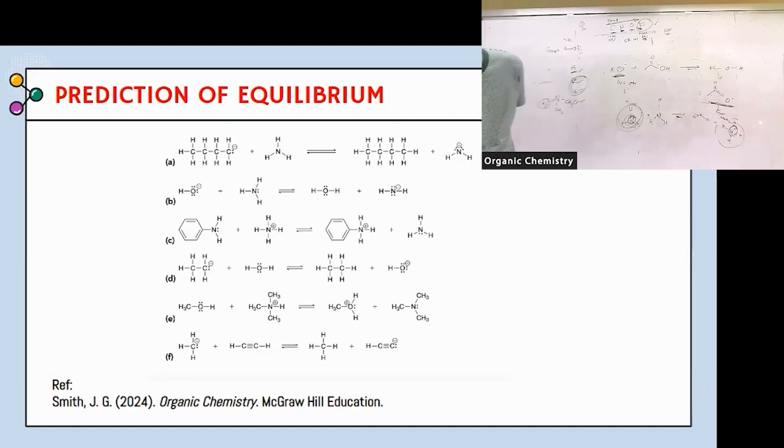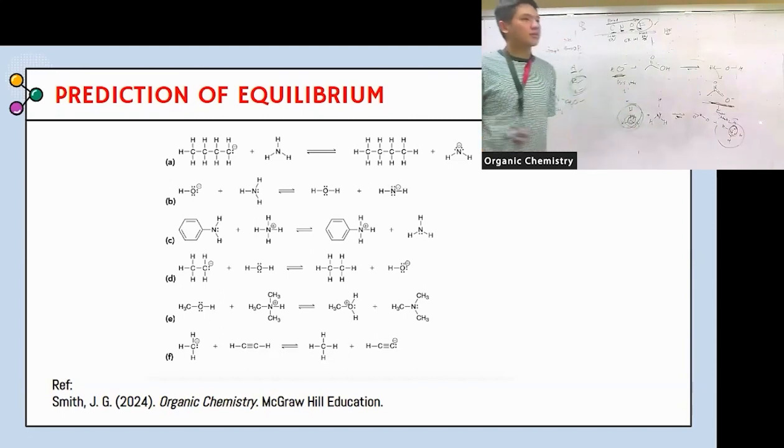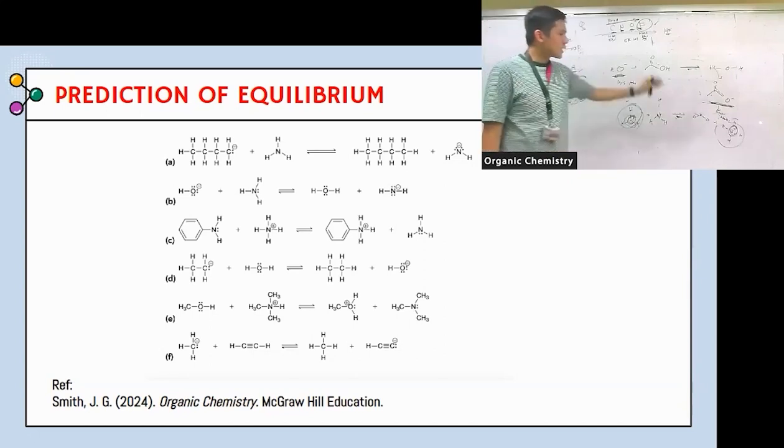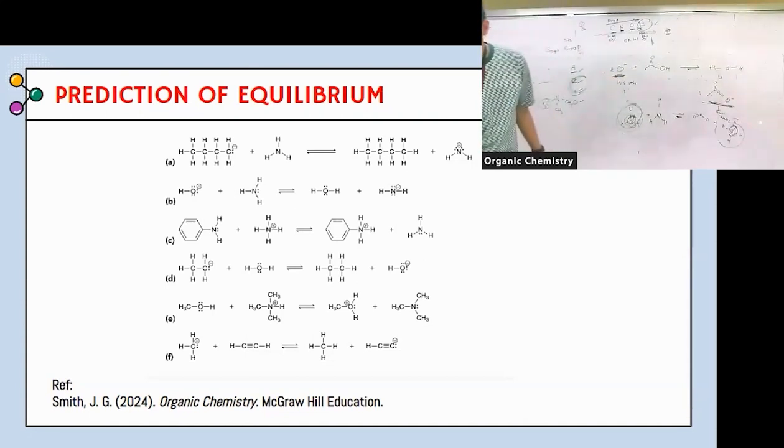Oxygen. The negative charge is stable on the oxygen. So does the equilibrium favor right or left? Right. The equilibrium favors right because the negative oxygen is on the right. So that would make sense. Okay.